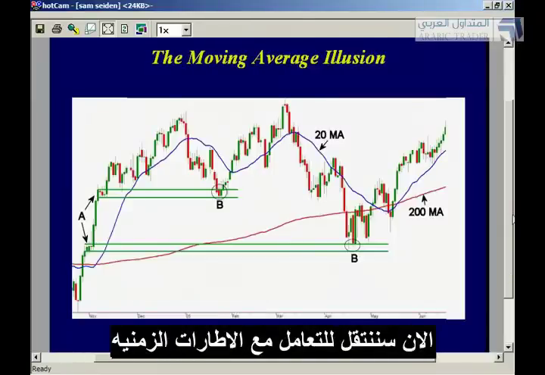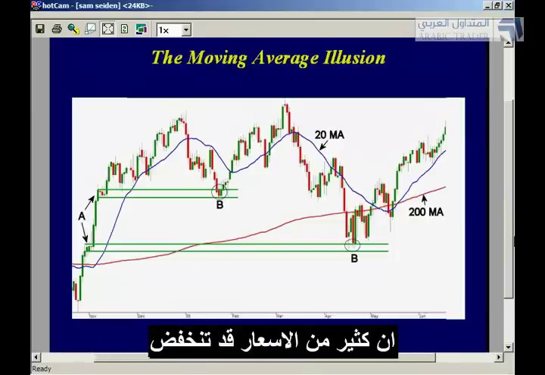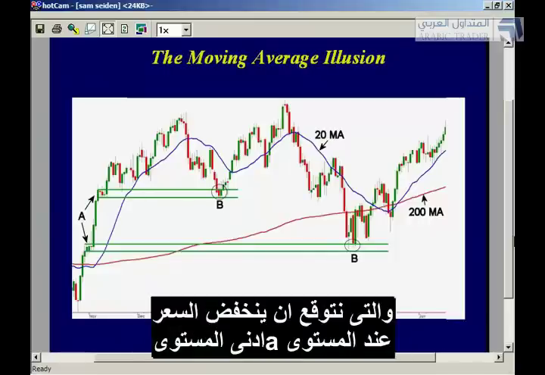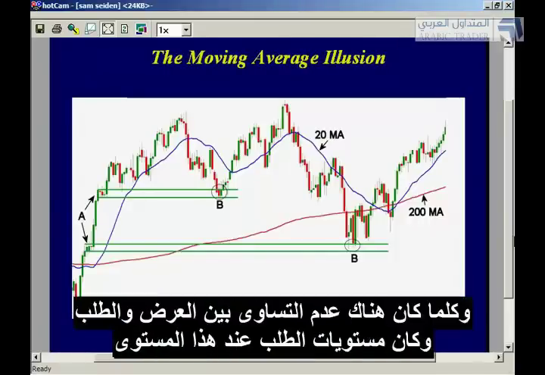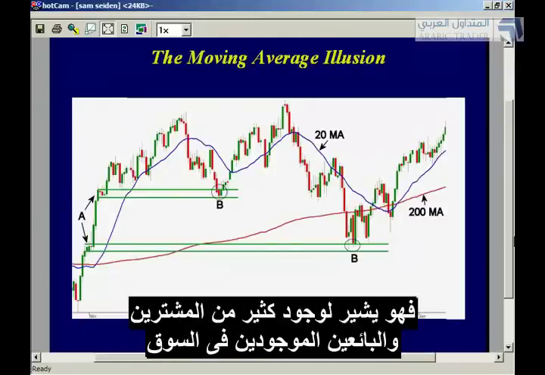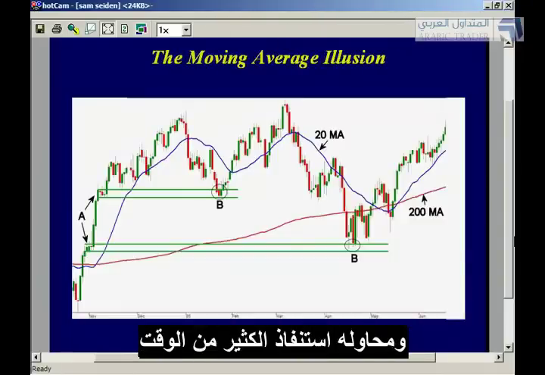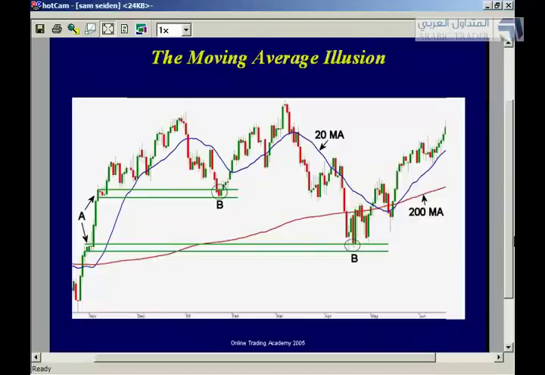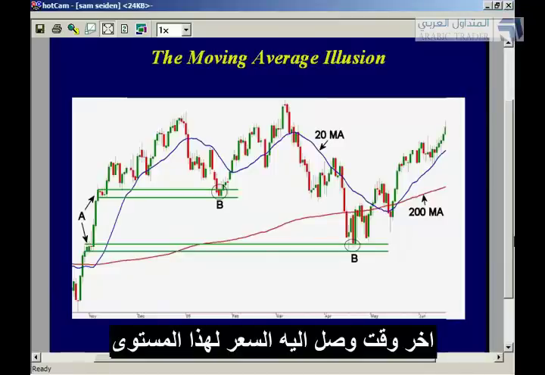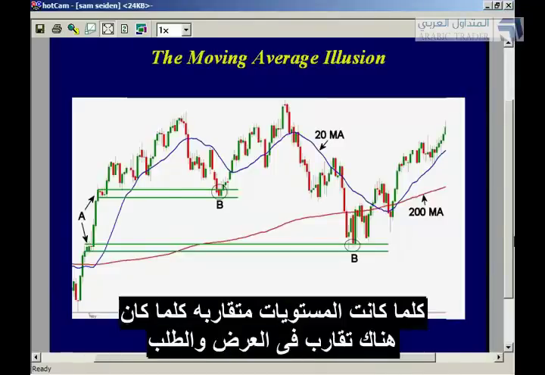However, now we're dealing with time. The more time price is able to spend at a level, the more balanced supply and demand is at that level, right? There's more buyers and sellers for each other, so price can spend a lot of time there. However, the less time price is able to spend at a level, these smaller bases, the more out of balance supply and demand is.